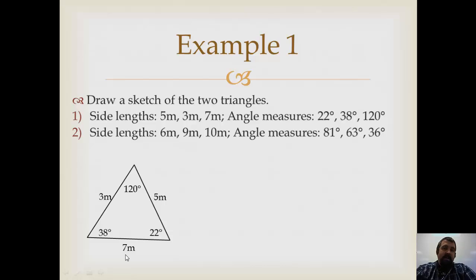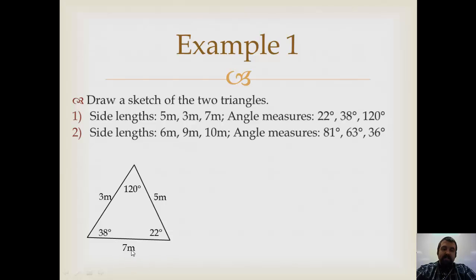It honestly didn't matter where I put them. I could have put 3 over here. But what I had to make sure happened was that if 3 here is the smallest number, it's across from the smallest angle, 22. 22 is the smallest angle and 3 is the smallest side. That's why they're across from each other.